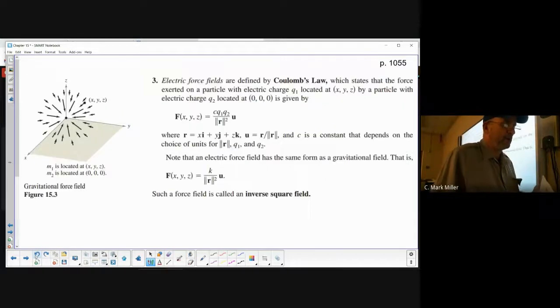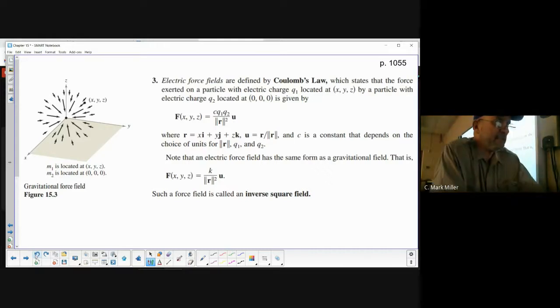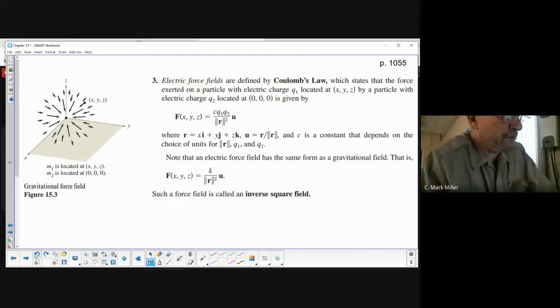Oh, here's the third one. I knew there was a third one. Electrical force fields. Coulomb's law. All right. This is pretty interesting. You have two particles, Q1 and Q2, with charges Q1 and Q2.